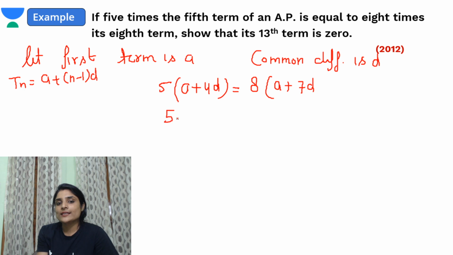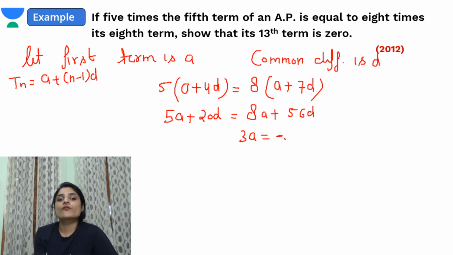So when you solve this, 5a plus 20d is equal to 8a plus 56d. So you can say 3a is equal to minus of what you get when you subtract, that is 36d. So your a will be minus 12d.